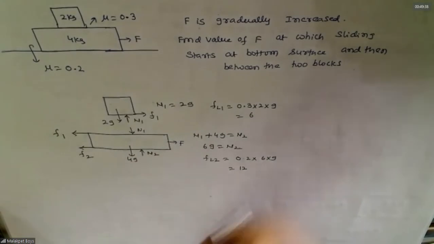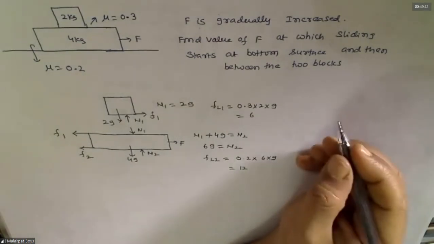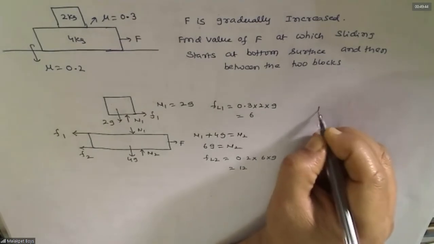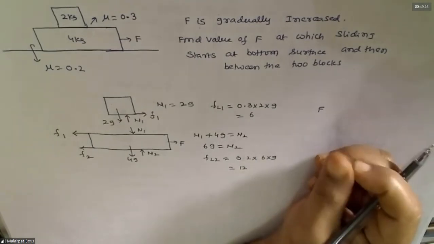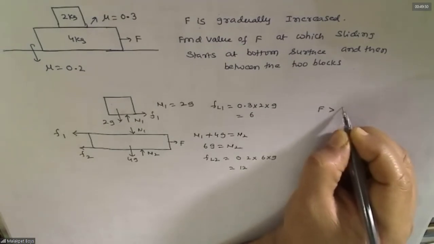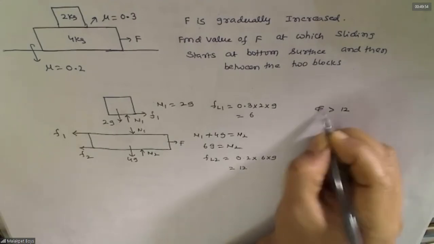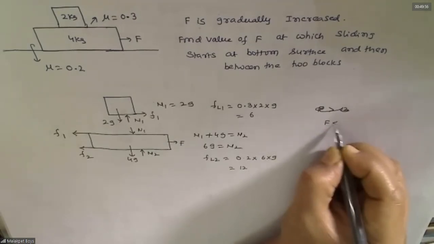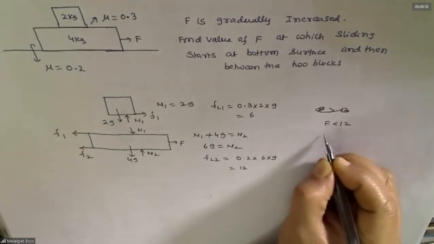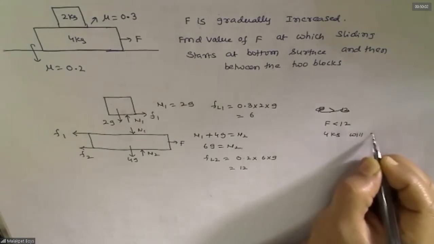I can say that F is more than 12 newtons. What will happen? Lower block will slide. I can say one thing. F is less than 12. What will happen? 4 kg will not slide.